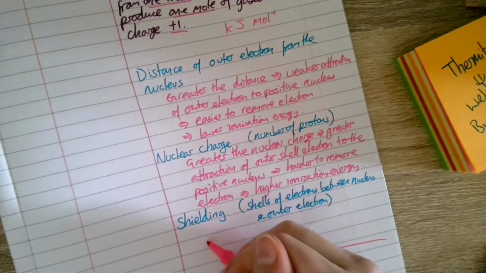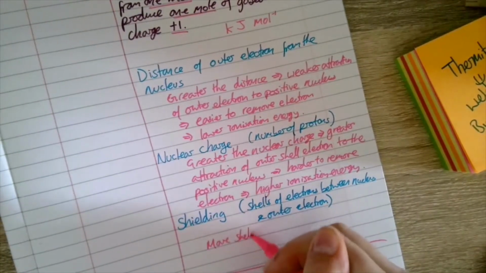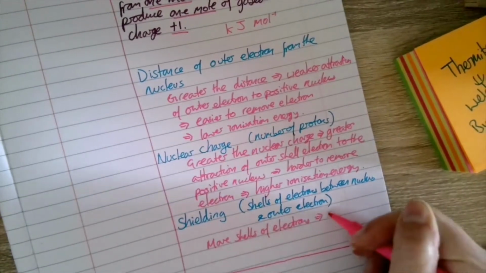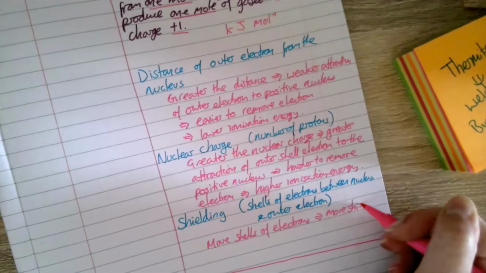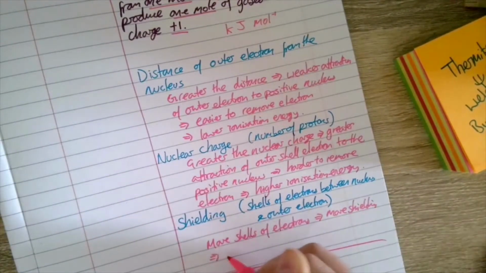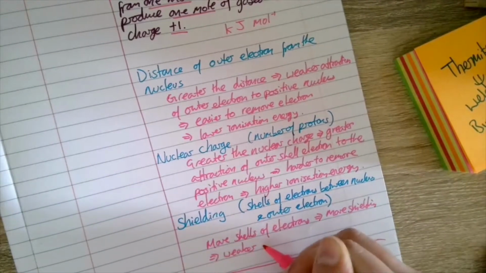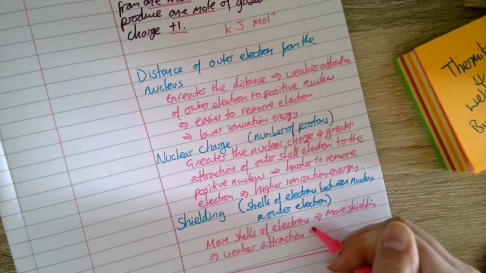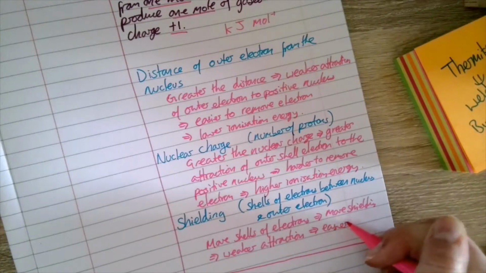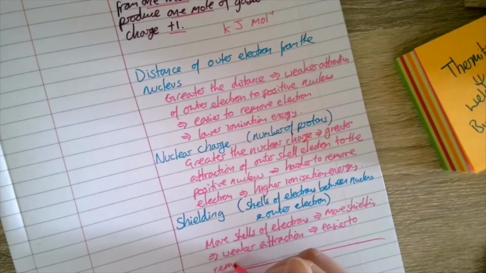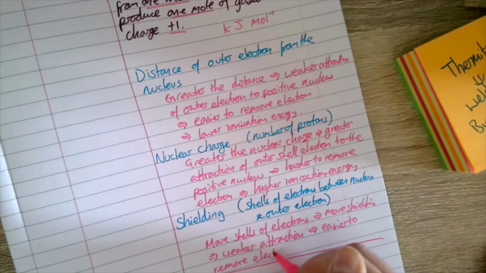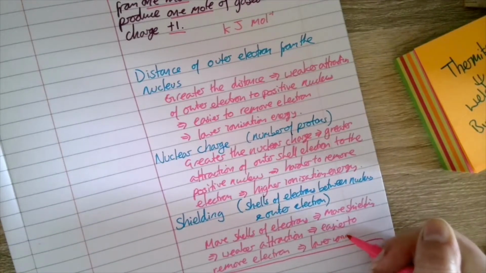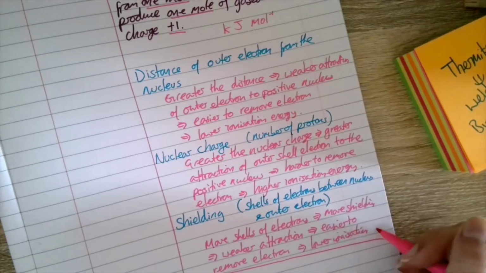So more shells of electrons means more shielding, which means a weaker attraction, and therefore easier to remove the electron, and so we have a lower ionisation energy.